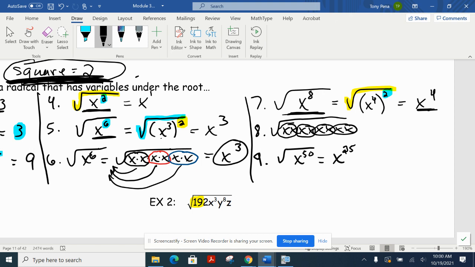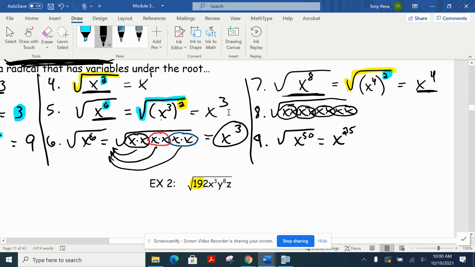Okay. However, what if, so now I want to give you this one. What if I gave you, and then we'll jump to the bottom here. What if I gave you x to the 11th? See what you think about that one. And don't give me a fraction power either, or a decimal.